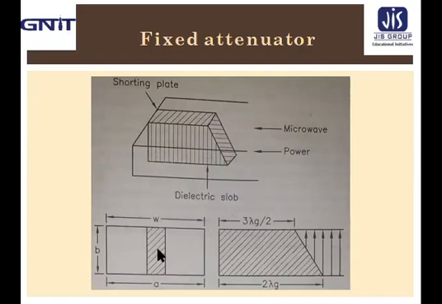This is the width W, the height is B, and that is A, and here this length is fixed as 3 lambda g by 2, and this length is fixed as 2 lambda g.